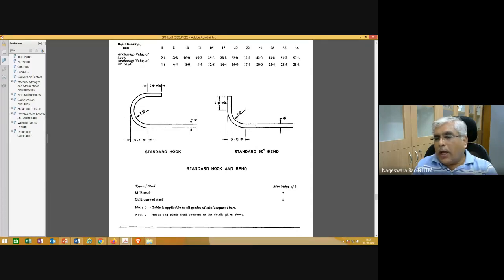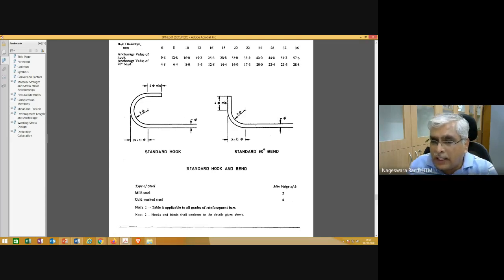So I have a straight portion, and that portion length plus 8 times the diameter of the bar is what I get if I bend it like this, with a minimum of 4 times the diameter of the bar as a straight portion.